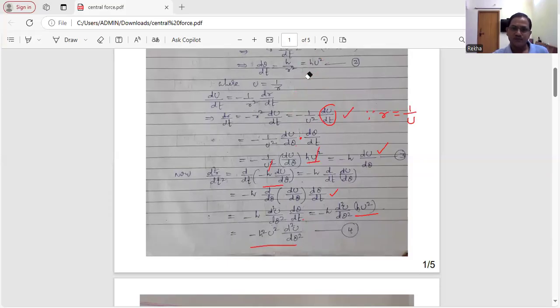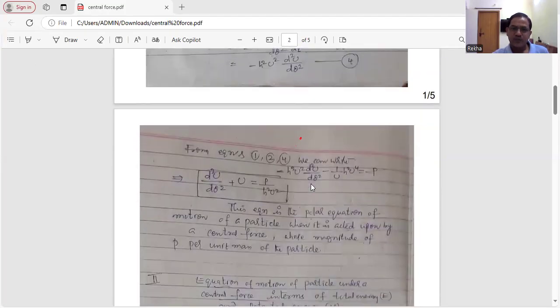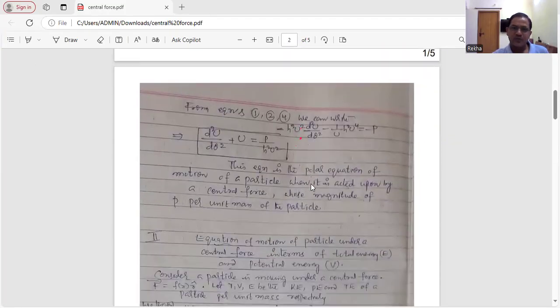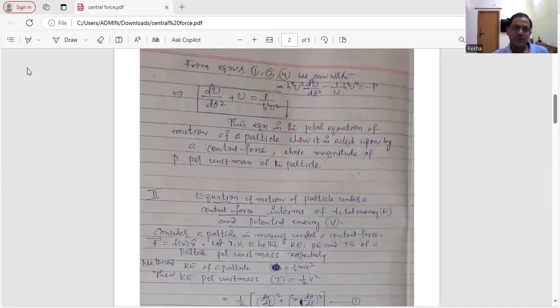Now let us move the derivation further. So from equations 1 to 4, what do we get?